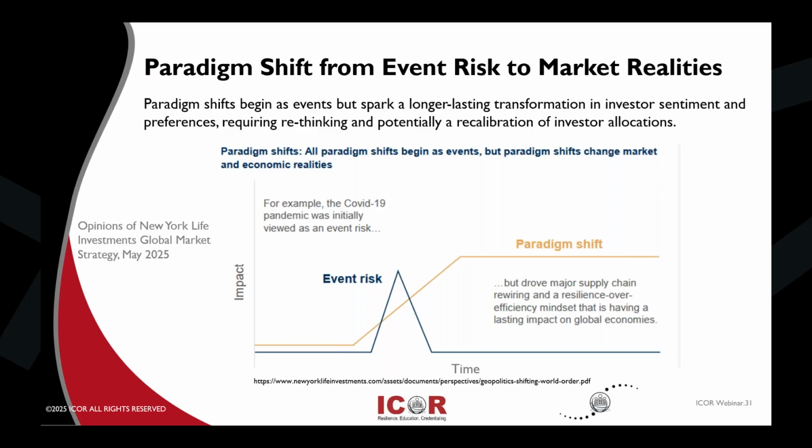But because it drove major supply chain rewiring and this idea of resilience over efficiency, moving from just-in-time to strengthening our supply chains, having more than one, and even just understanding what our supply chains look like, resilience over efficiency is having a lasting impact on global economies.